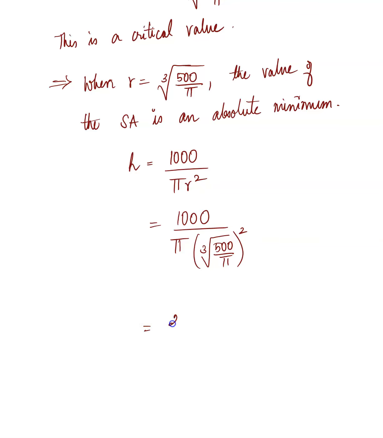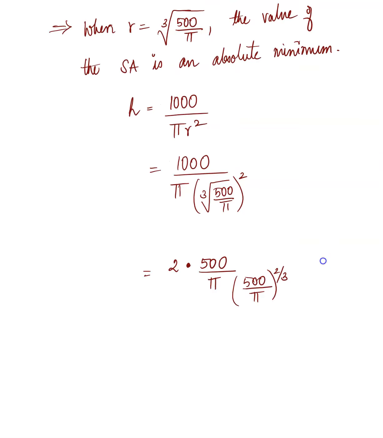So I don't write this as, well, you can use the calculator at this point, but I'm trying to show you something else. So I'm going to split up this 1000 as 2 times 500 over pi, right? And this one here in the bottom is 500 over pi power 2 over 3. Can we write that way? Oh, certainly.